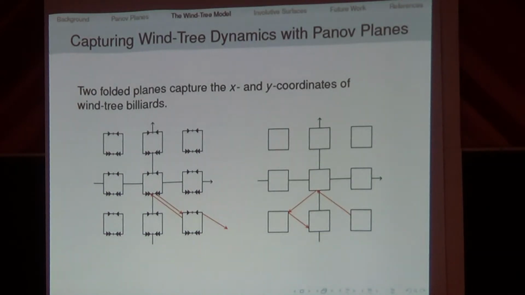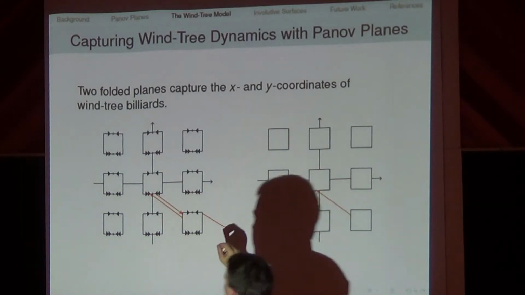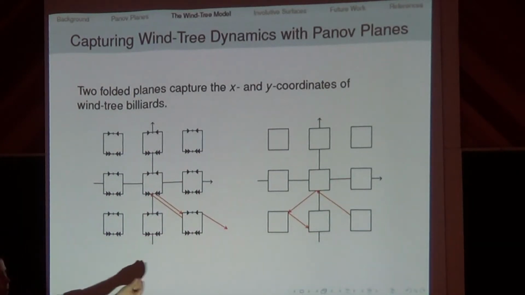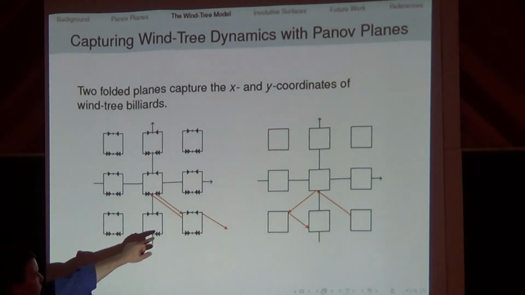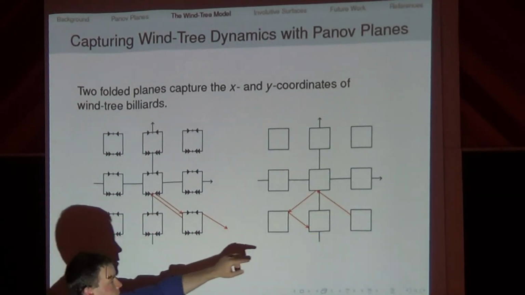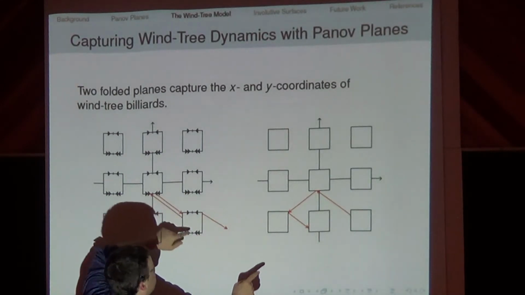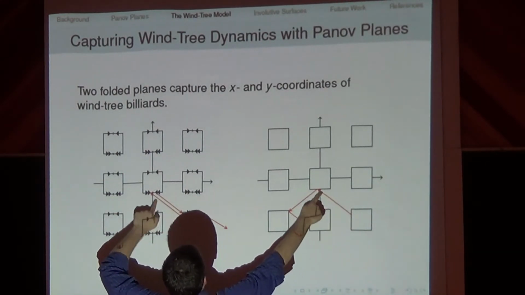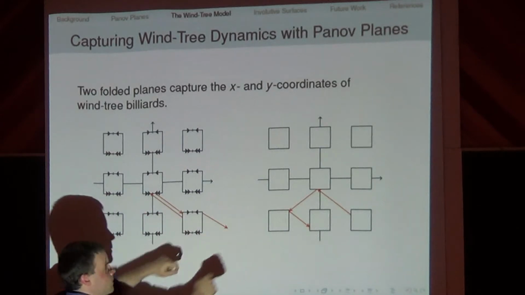So now here's a really interesting thing. If you use these Panov planes, you can actually capture the dynamics of the wind tree billiard in a neat way. So if you take this Panov plane where you only fold these horizontal legs of your L, and you look at a geodesic on this plane, and then the corresponding geodesic on the wind tree model, the y-coordinates of these 2 trajectories are always the same.